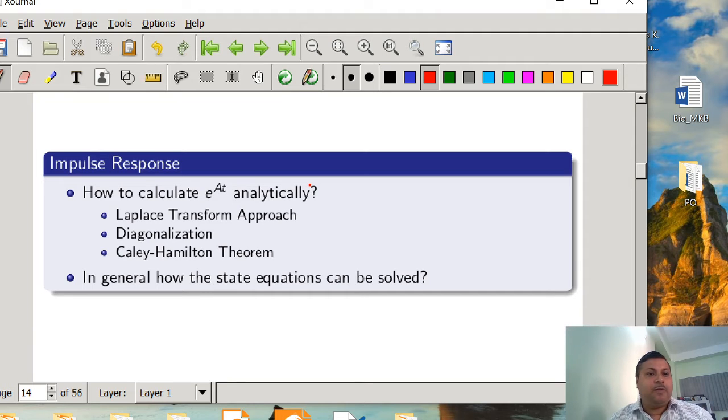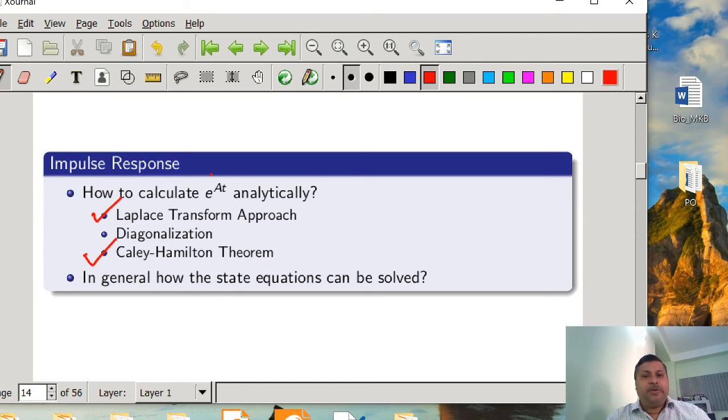In this flow of lecture I'm going to discuss the Laplace transform approach and the Cayley-Hamilton theorem, and the computation of e to the power At using the diagonalization approach we will discuss when we discuss a topic called similarity transformation.